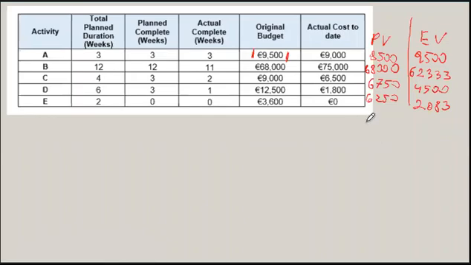For planned value, I have 9,500 plus 6,800 plus 6,750 plus 6,250. So 90,500 is the planned value.